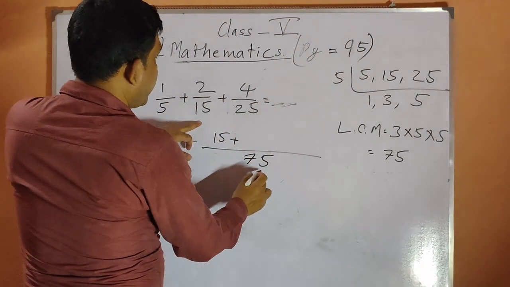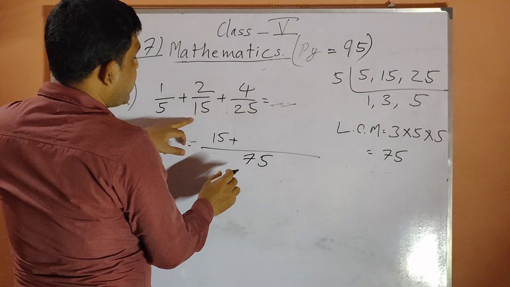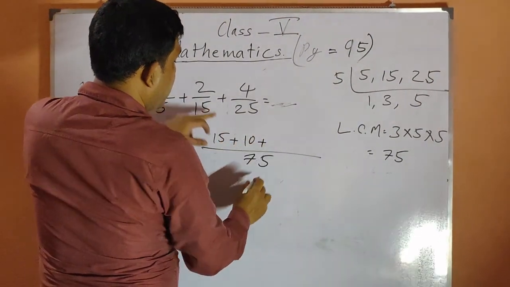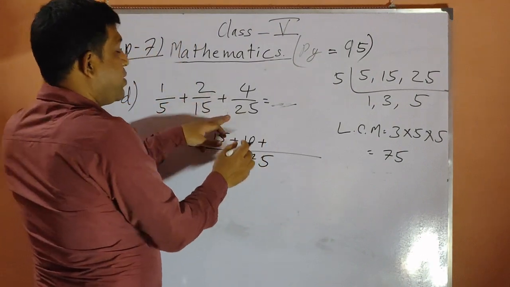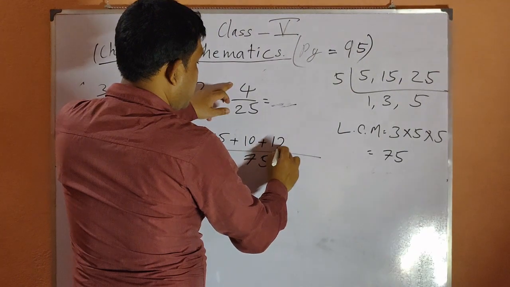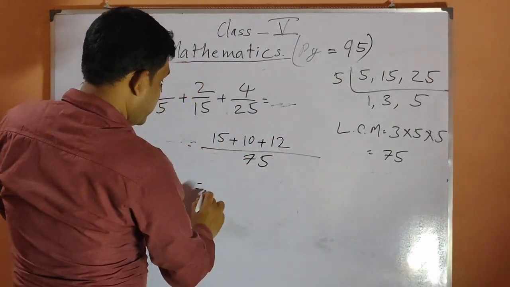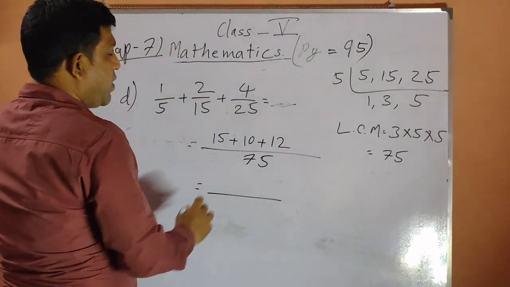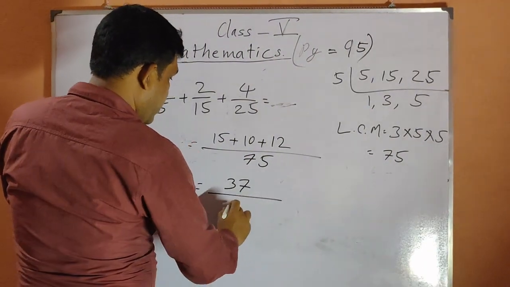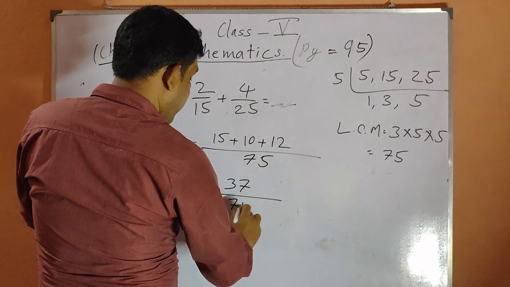Plus 75 divided by 15, you get 5, 5 into 2. 75 divided by 25, you get 3, 3 into 4. Then do the sum: 25, 37. 37 by 75 is the answer.